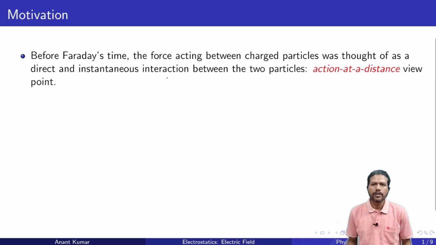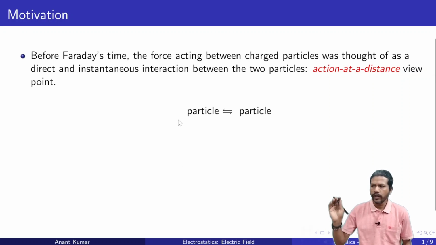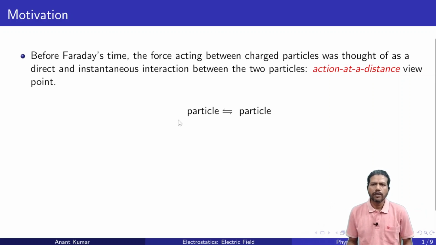So if I have a point charge over here and a point charge over there, then there is a force between them. If for some reason one of the charges is moved, the force changes instantaneously. This is also true for the gravitational force.